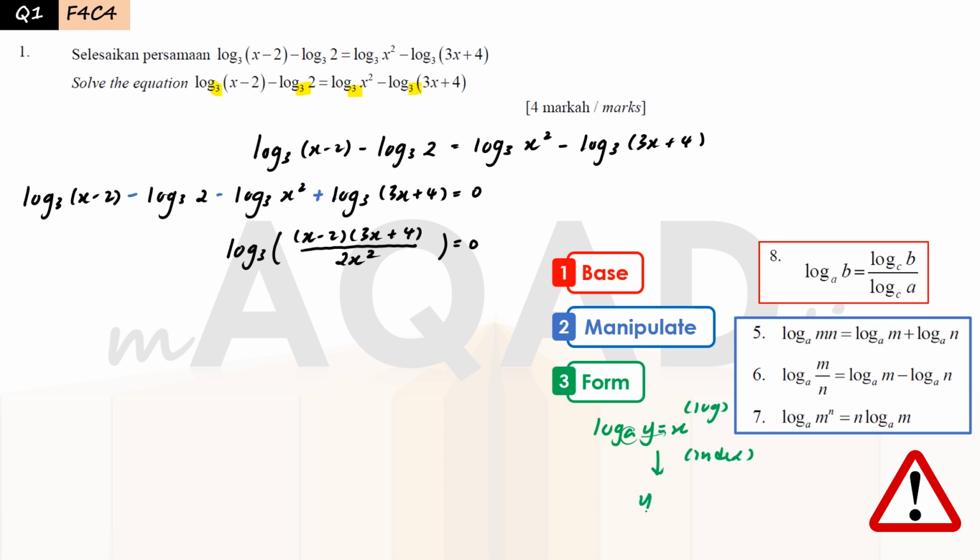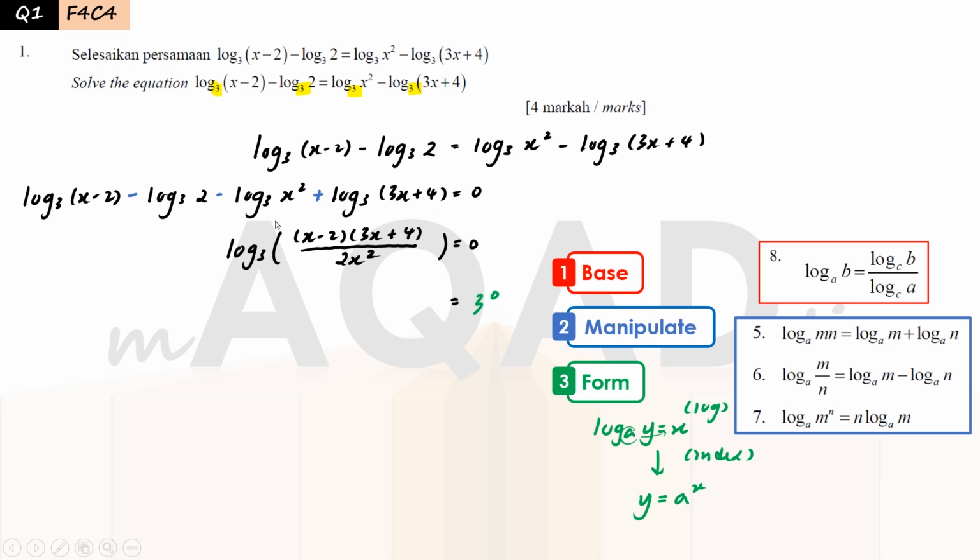So here is just y equals a to the power of x. Right? We are just going to move the base to the opposite side. So same thing here as well. For the 3, we are going to move to the opposite side. So here will be 3 to the power of 0.